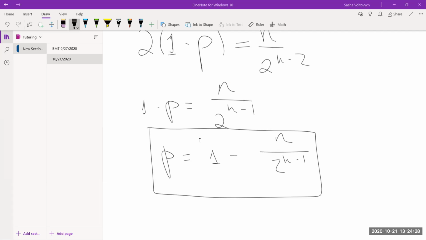Yeah, let's move on to number 4. Number 4 is about a sequence, which is considered mod 2018.